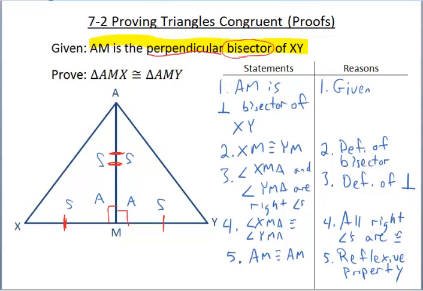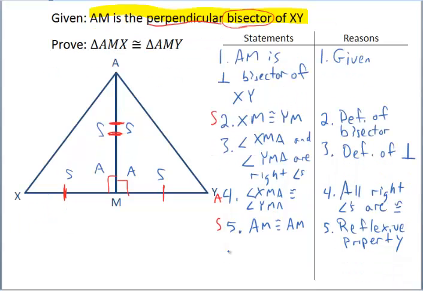Okay? So, here's what I have. Once I've written that proof, this is my side congruent, this is my angle congruent, and this is my side congruent. Now I can write that these triangles are congruent. So my last step in this proof, number 6, I can put that triangle AMX is congruent to triangle AMY.